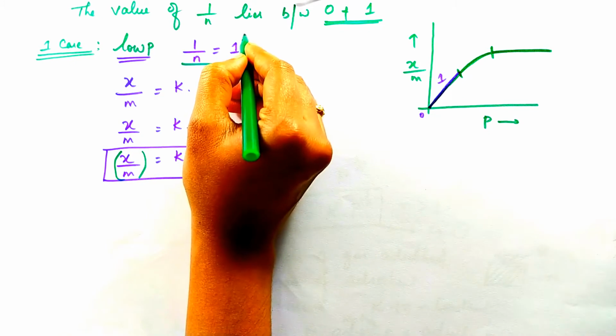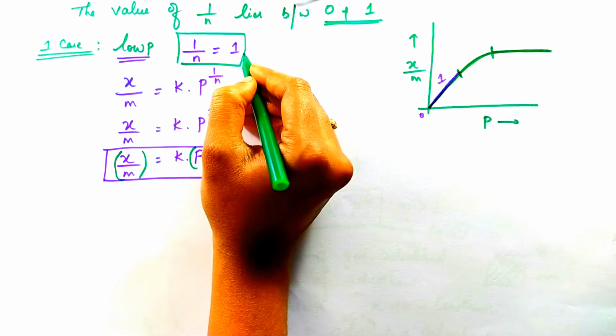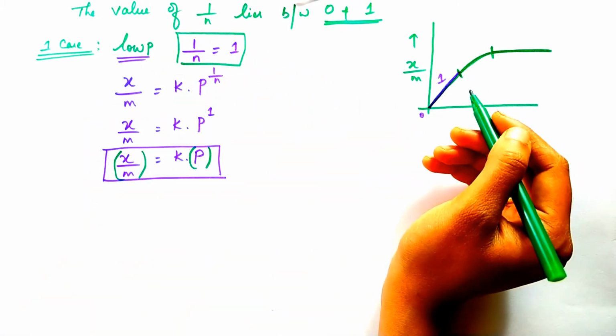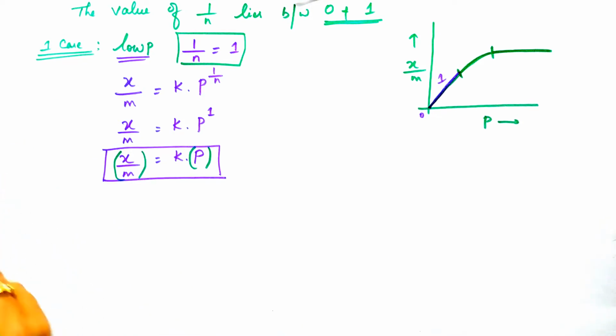Therefore, the 1/n value becomes 1 at low pressure. This is the first case.